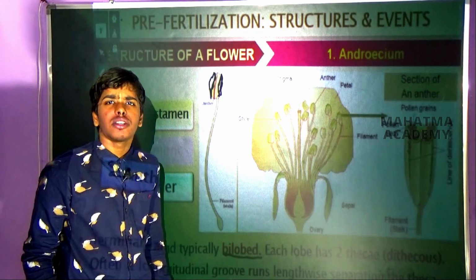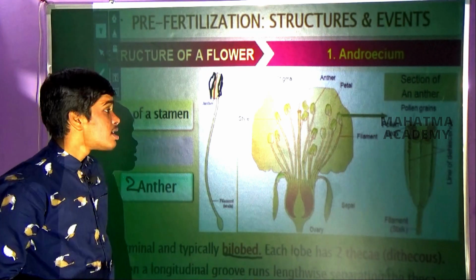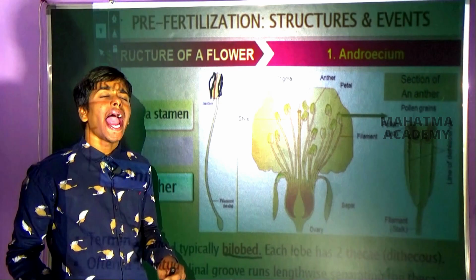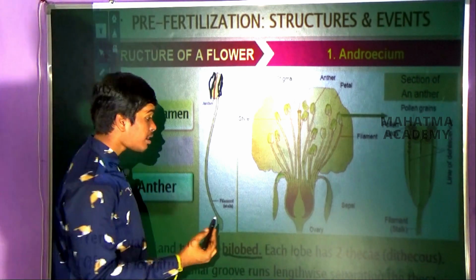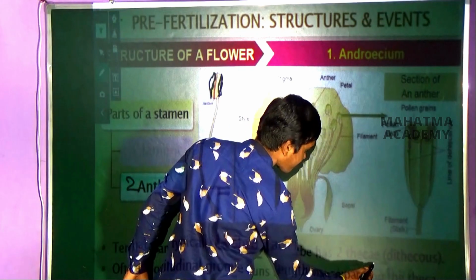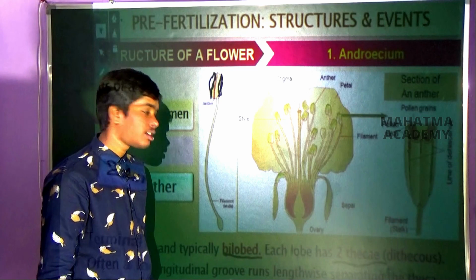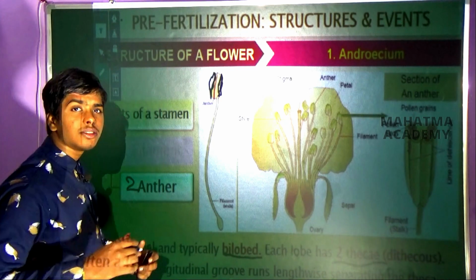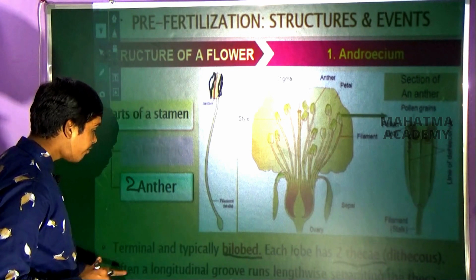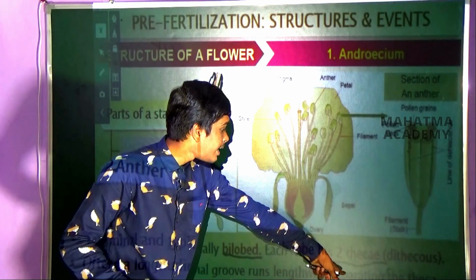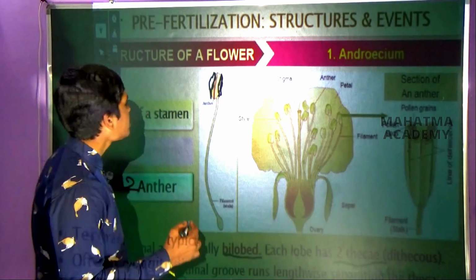In the anther there are two lobes, and in each lobe there are two thecae. We will see about the thecae in the next constituent parts of the chapter. A longitudinal groove runs lengthwise separating the thecae. Look here, this is the groove.